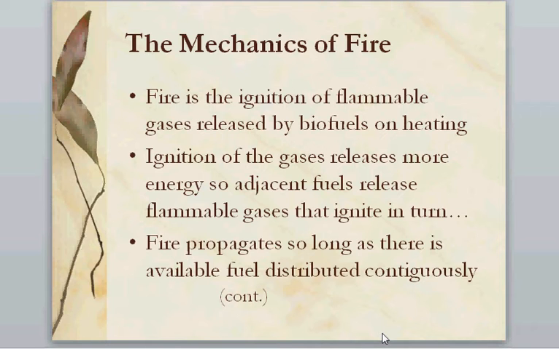Okay? If those patches of fuel or pieces of fuel aren't next to one another, then the heat does not transfer over to drive off the flammable gases and ignite. So the fuel must be close to each other so that it can cause that chain reaction.